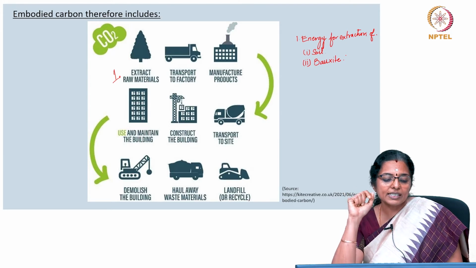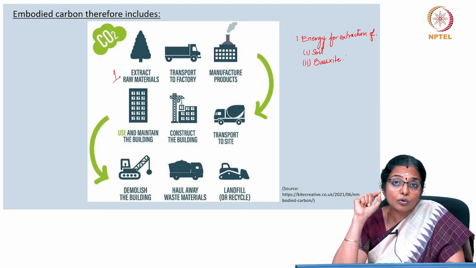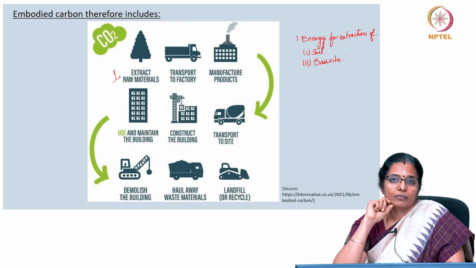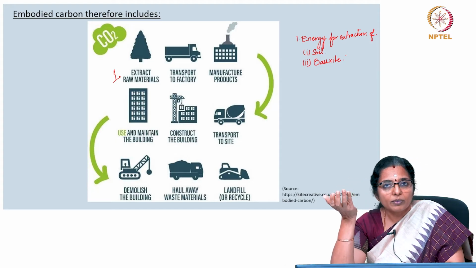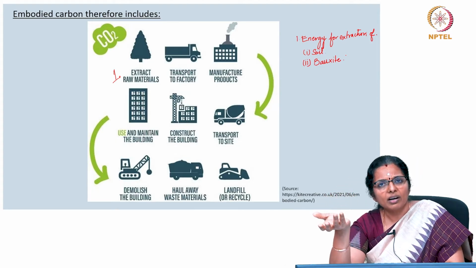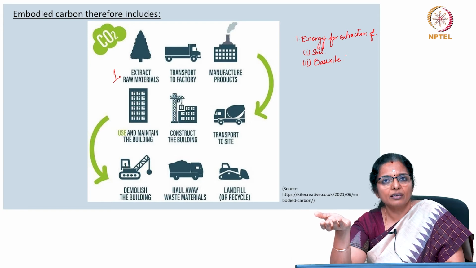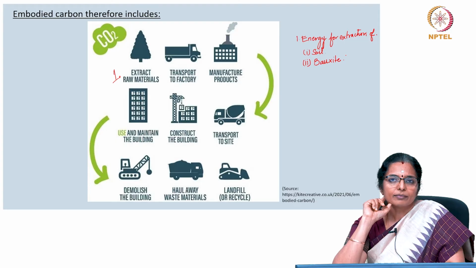But what is the amount of embodied carbon that goes into this process alone? For the soil, all you need is probably a spade or a slightly high-end machine to take the soil and dump it on a truck.